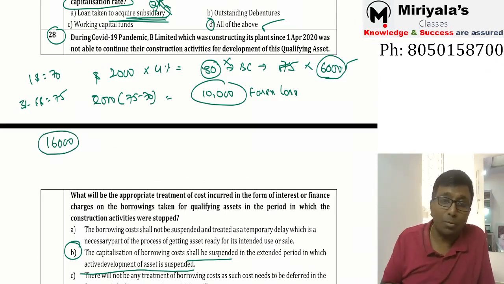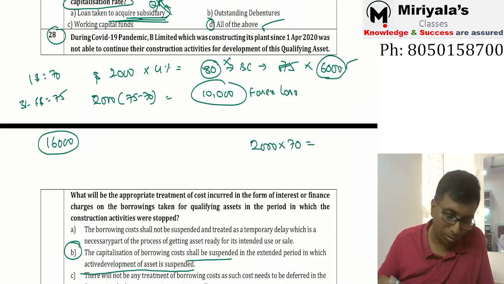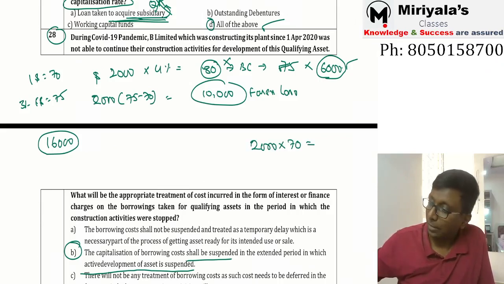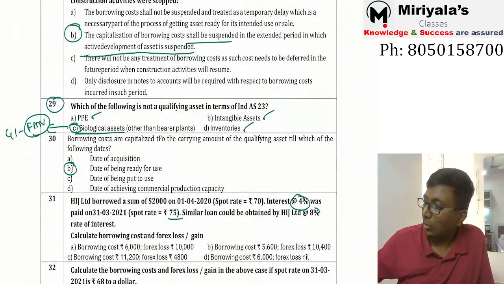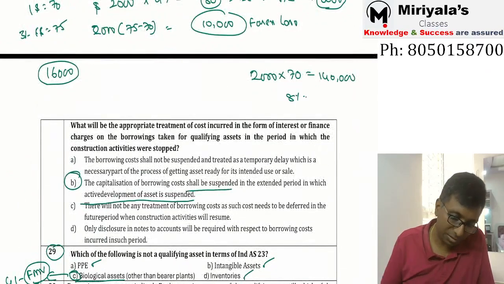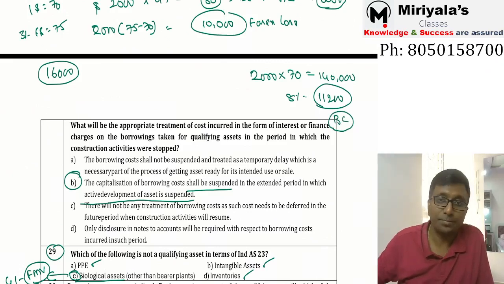If I had borrowed the amount in India, 2000 into 70, that would come to 1,40,000. I would have borrowed it at 8 percent, so I would have paid 8% interest. 11,200 would have been the borrowing cost and 11,200 would have been capitalized.